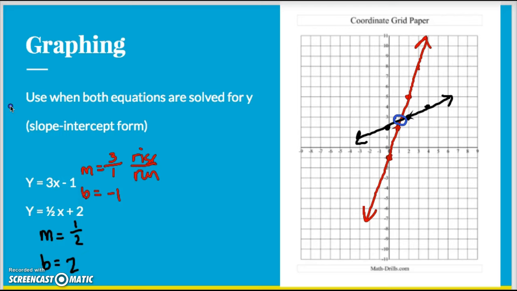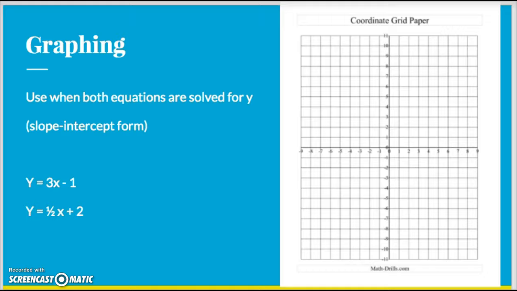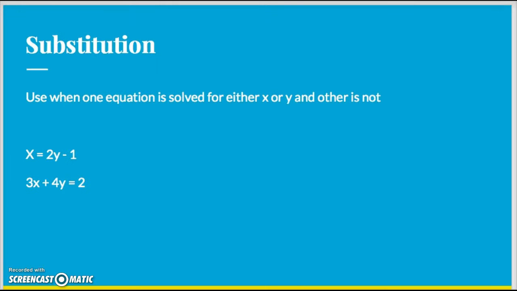Now moving on to substitution. Remember, this is where you're going to replace something in an equation. You want to use this method when one equation is solved for either x or y, doesn't matter, and the other one is not.